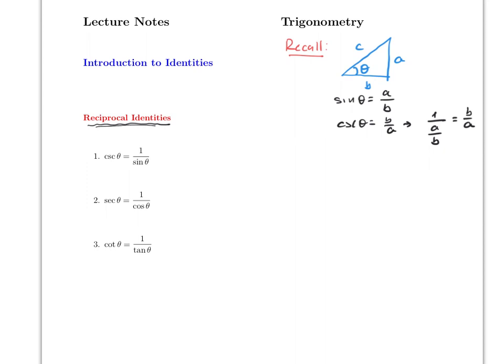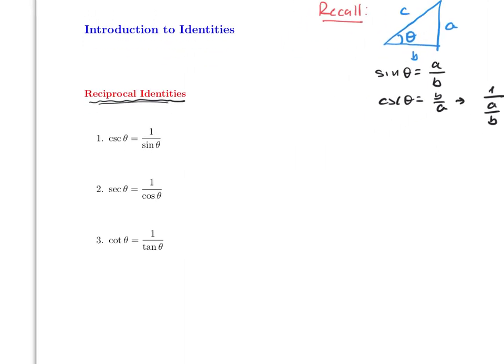They're called reciprocal. These are the easiest of all the identities you will see, because if you know one, you just flip it and you get the other one. So notice that if cosecant is 1 over sine, this implies that sine theta is 1 over cosecant. And this also implies, this is very important, that if you multiply sine theta times cosecant theta, you will get 1.